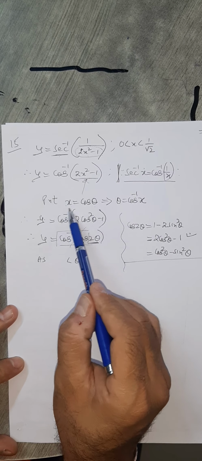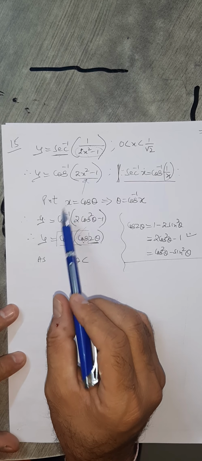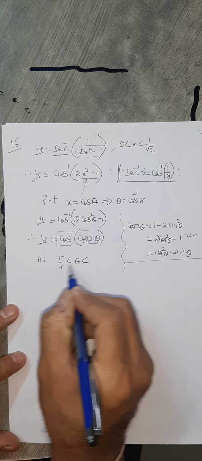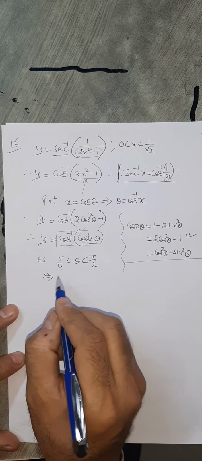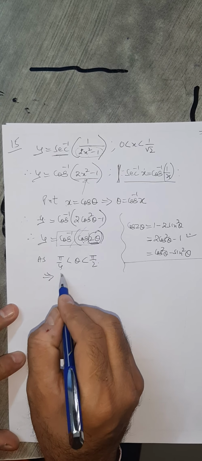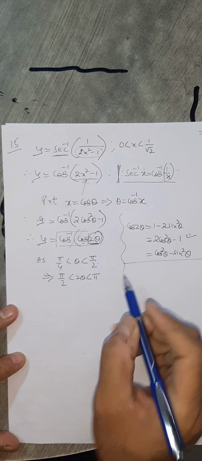Put 1 by 2 here. So cos theta equals to 1 by 2. So what will get here? Pi by 4. So pi by 4 to pi by 2. Smaller values should be written first. Multiplying with, I need 2 theta, remember. So multiplying with 2. So pi by 2 less than 2 theta less than pi.